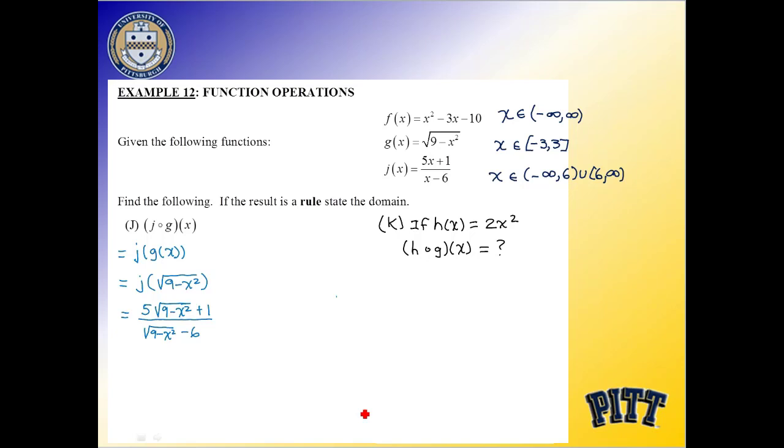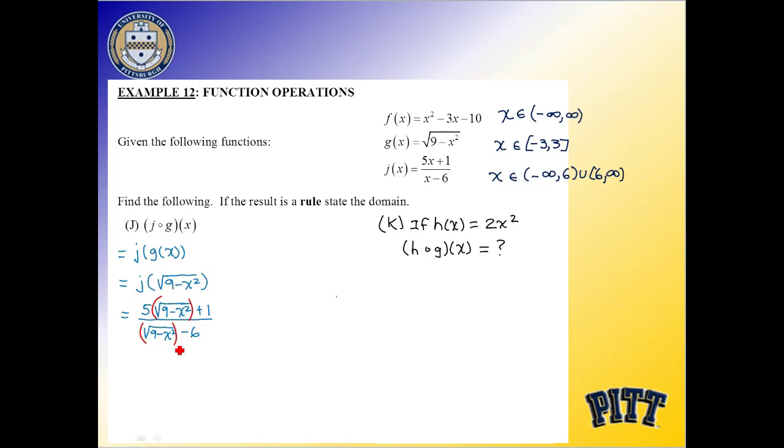And then I go to j of x and replace each x with the square root of 9 minus x squared. So if you look right here and here, those are where the x's were. So you still see I'm doing that complete removal and replacement. I'm not just putting a 9 and a minus and a square root symbol in some arbitrary place. I'm taking the original x out and putting this whole expression in its place. But anyway, that would be my rule.